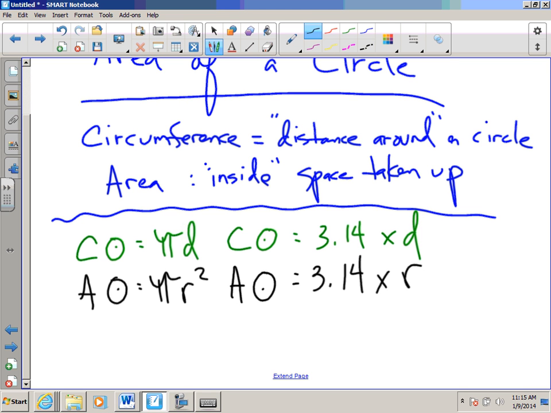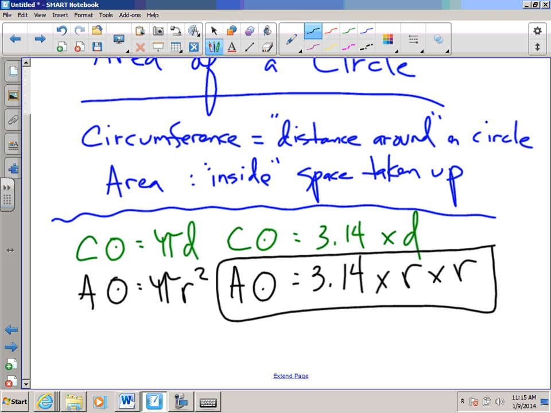R times what? R times R. Not R times 2. The only time you multiply R times 2 is if R is 2. So this is the one we want to really focus on for today. Means the same thing as that, just spells it out for us a little bit differently. 3.14 times R times R.